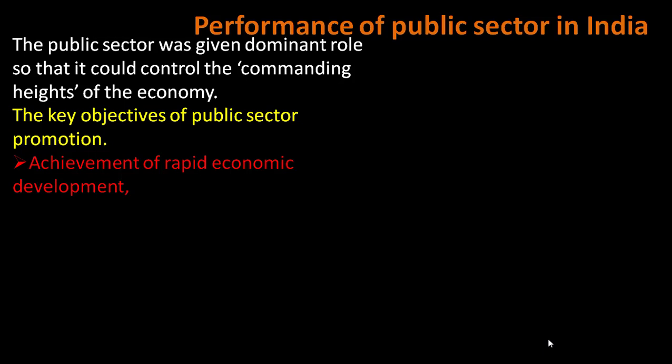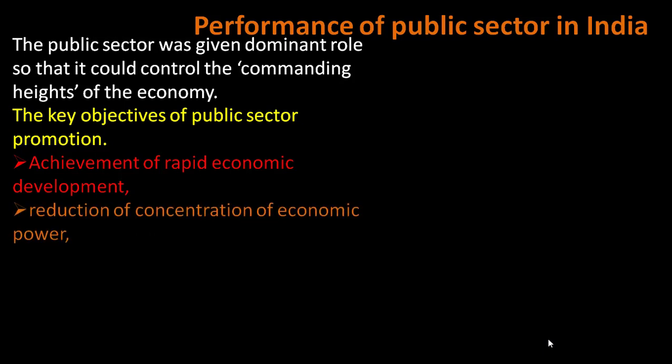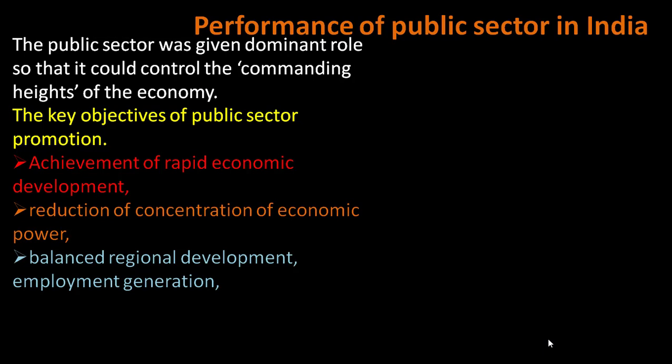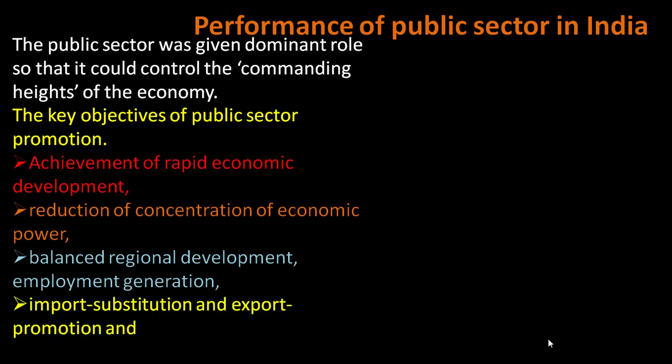Number one, achievement of rapid economic development. The second one, reduction of concentration of economic power. And the next, balanced regional development, employment generation, import substitution and export promotion, and resource mobilization. So these are the key objectives of public sector promotion.